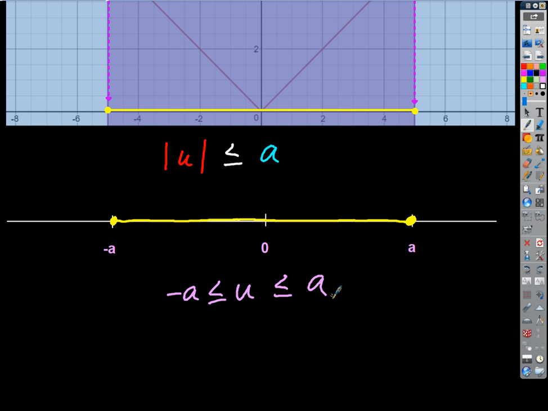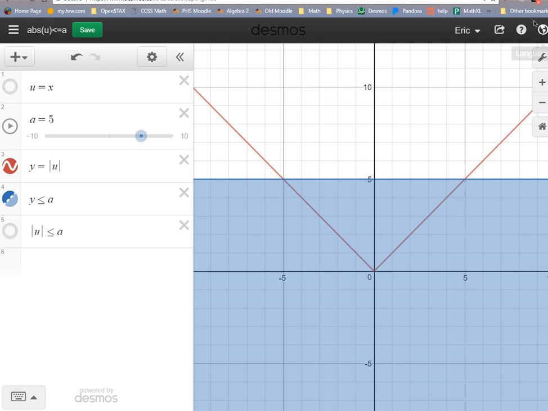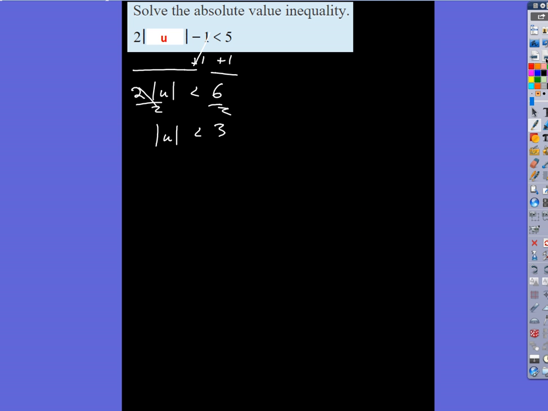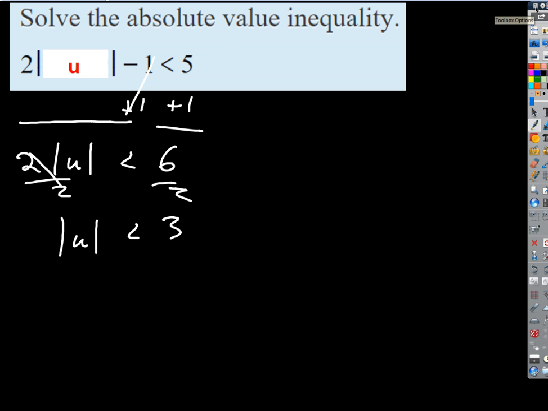So here we don't have an a in our problem. We have u is less than 3 instead of a. So what's my trade going to be? u is greater than what?